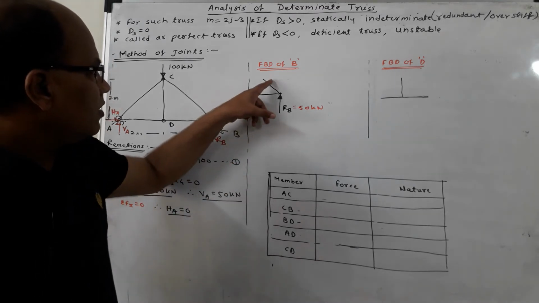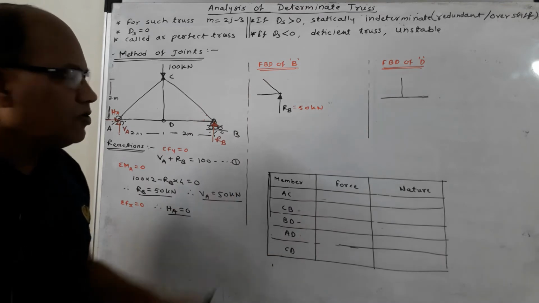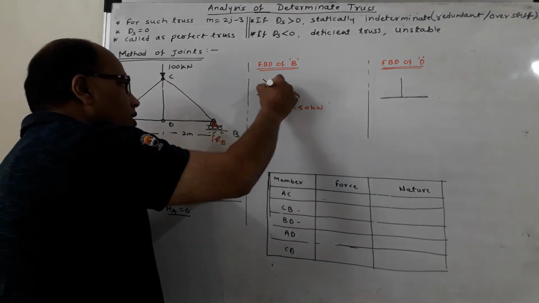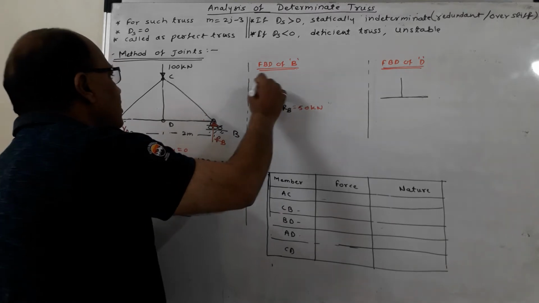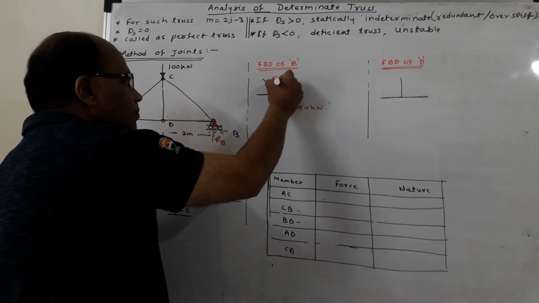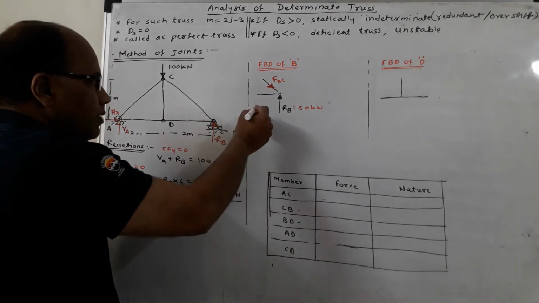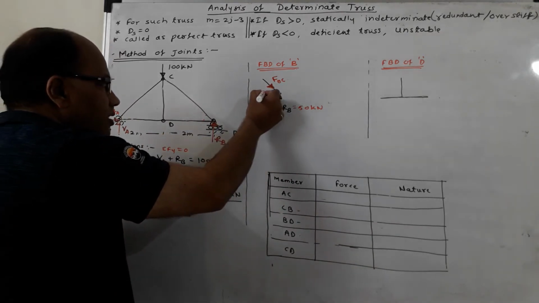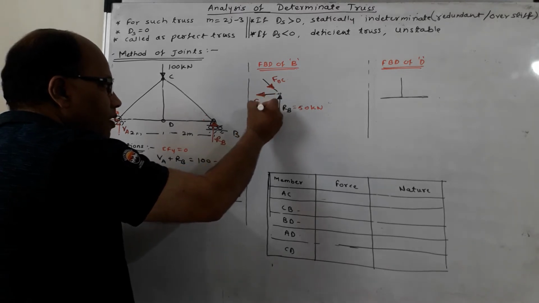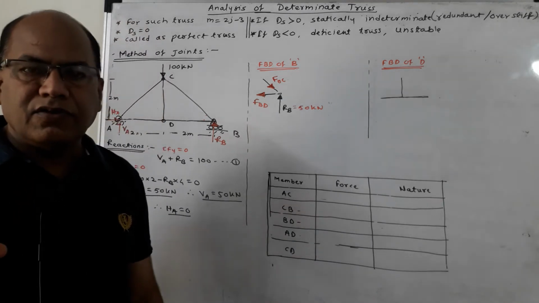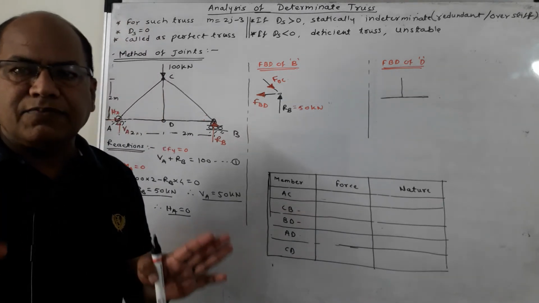So here there are two members, and you will have to assume a certain direction for the force. Say this is the direction of the force in member BC, so it is FBC. And I am going to assume the force in member BD like this. It is the force in BD. You can assume the direction of force in the members as per your choice.